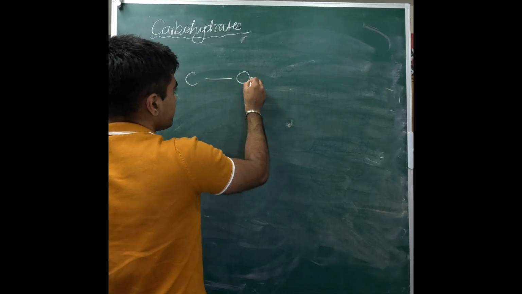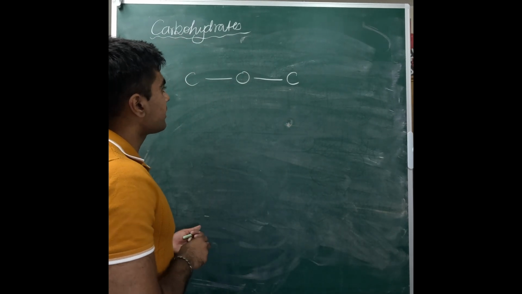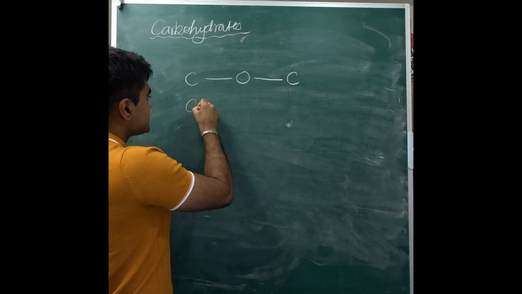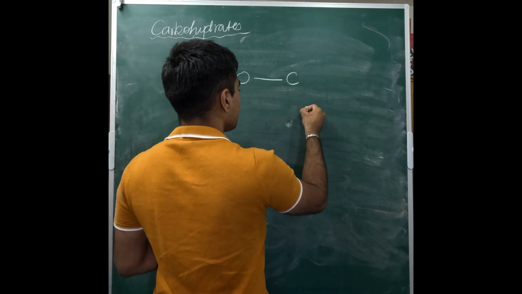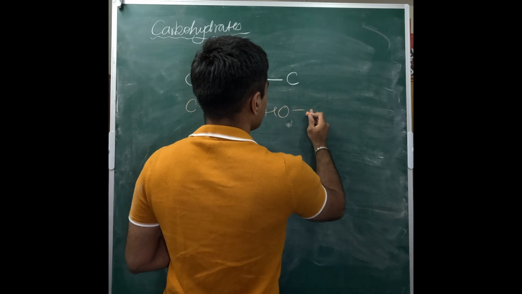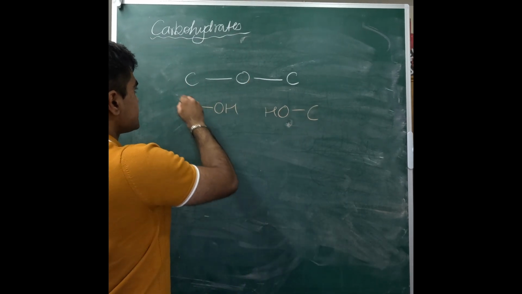So this is my glycosidic bond. Now how am I going to break it? What I need is for it to go back to this form. This is the form that I want. How can I change this thing to this thing?